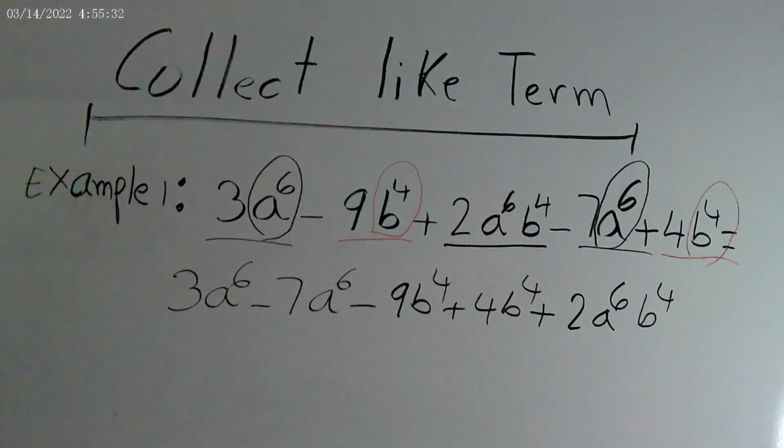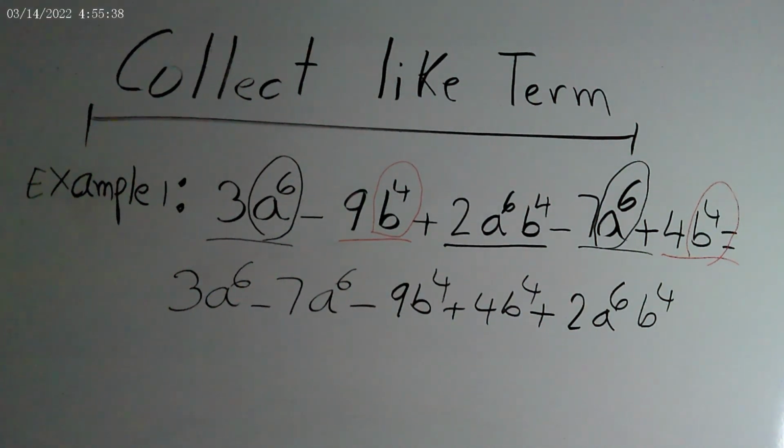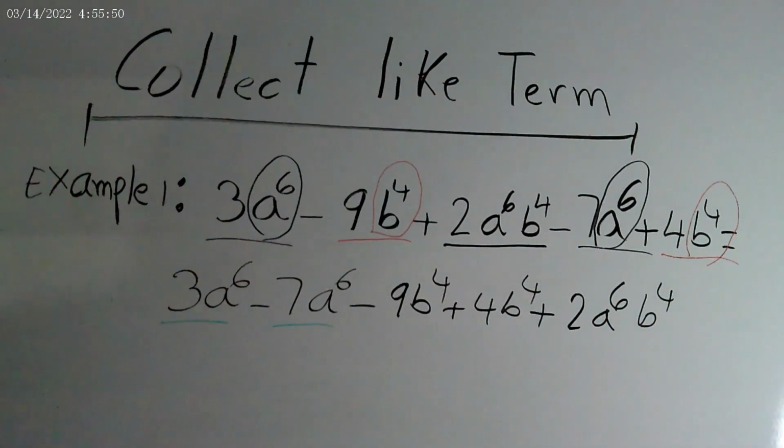So now, what are we going to do? We're going to collect it. Right here, you have 3a to the 6 and minus 7a to the 6. So what are you going to do? You're going to keep the sign of the biggest number. Right here you have 3 and right there you have 7.